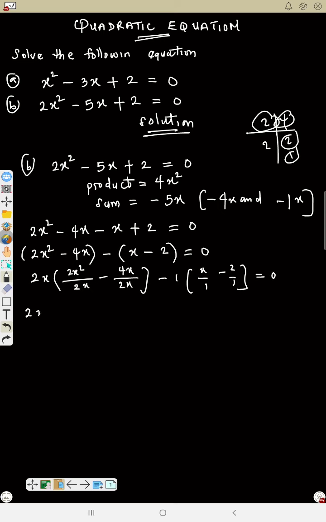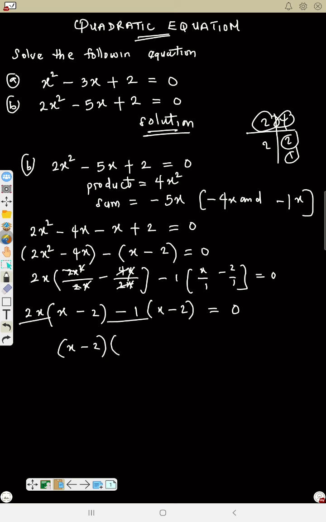So 2 will cancel out, x here 1, so it remains x, 2 here 1, so x minus 2 minus 1 into bracket x minus 2 equals 0. Now this and this look alike, so we take x minus 2 as one factor and the outside one, 2x minus 1, equals 0.